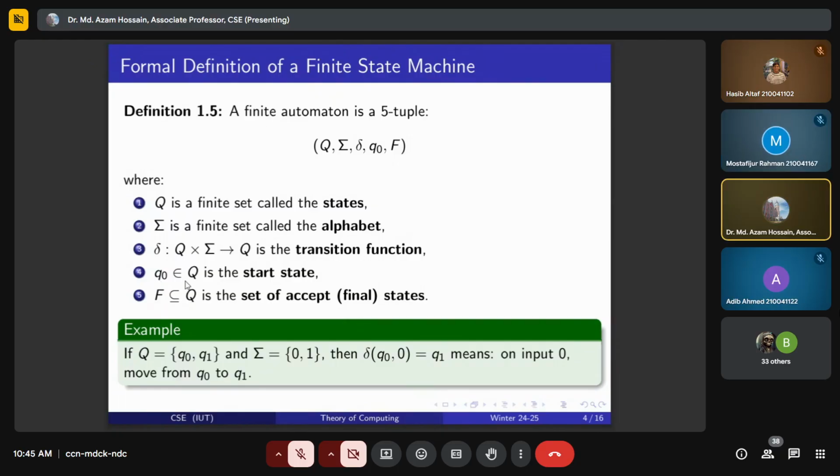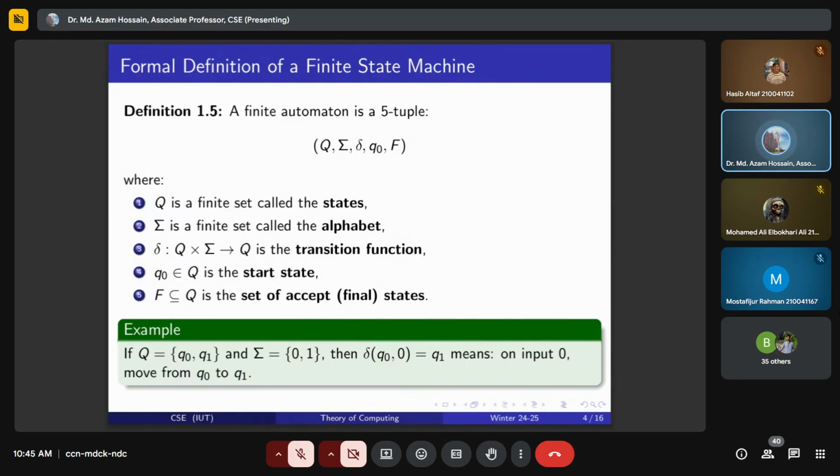And Q naught is a member of the set of states, called the starting state. Last class we said that in a finite state machine there is only one starting state. And F is a subset of Q. You can now understand why it is a subset: the final states could be one or more states, or maybe all the states could be final states. It's possible. That's why the set of final states is a subset of Q.